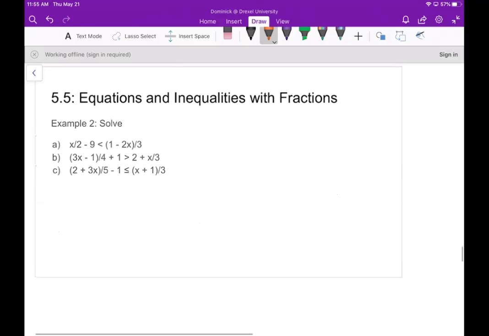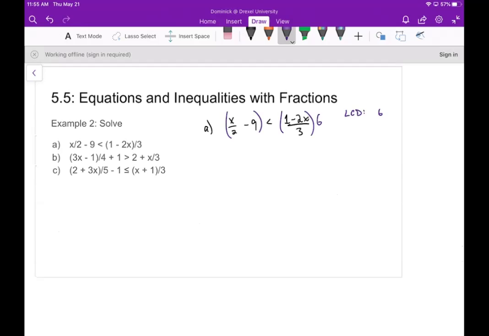Okay, so let's look at a couple of examples. In part A, we have x over 2 minus 9 is less than 1 minus 2x over 3. So in this case, our LCD is 6.